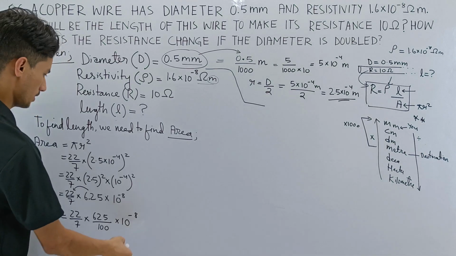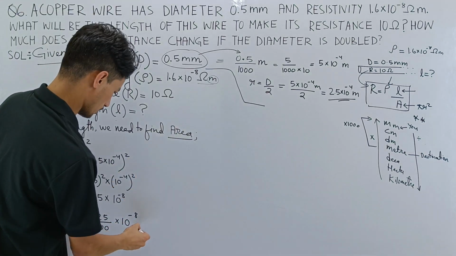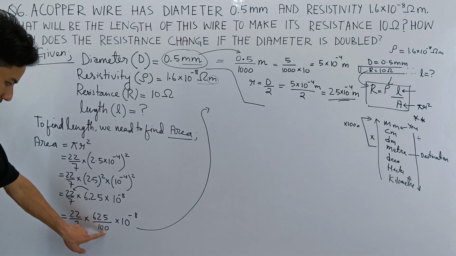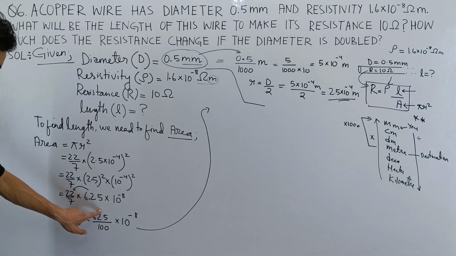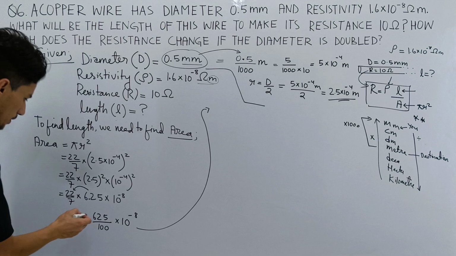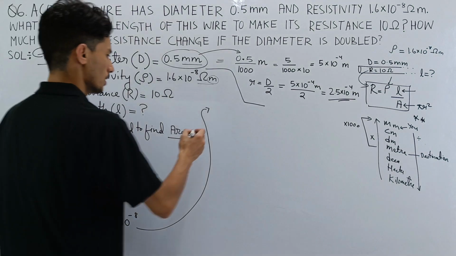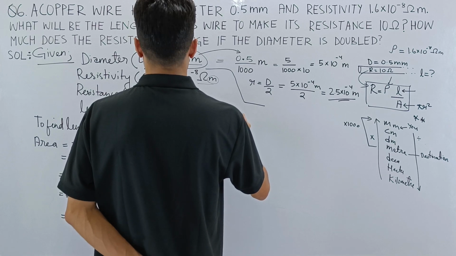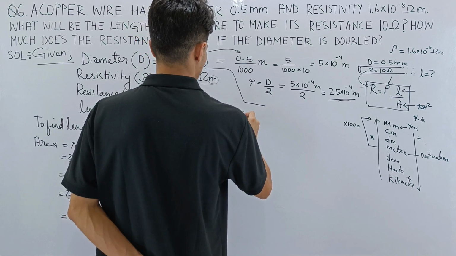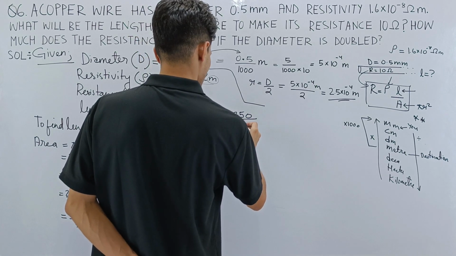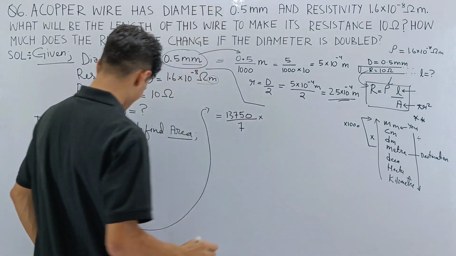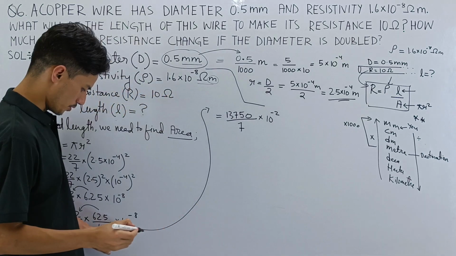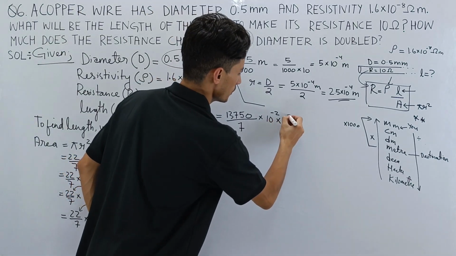Then let's go up. So what we have, this one can be written as 10 to the power minus 2, and 625 will multiply with 22. So when 625 multiplies with 22, what we'll get? We'll get 13750, and 7 is here, into 10 to the power minus 2, and you have got 10 to the power minus 8 also.